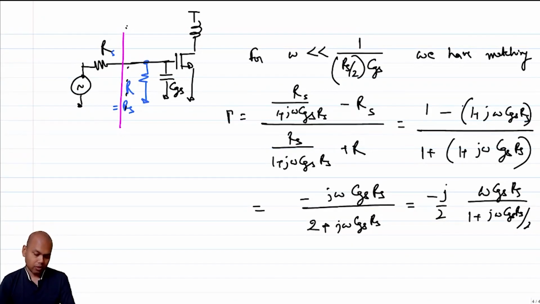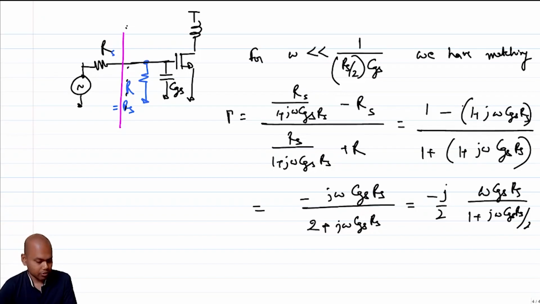So if you are operating at a frequency where omega is much lesser than RS CGS over 2, which essentially means that omega times RS CGS over 2 is much less than 1, then your gamma becomes much lesser than 1, and mod of gamma becomes much lesser than half.